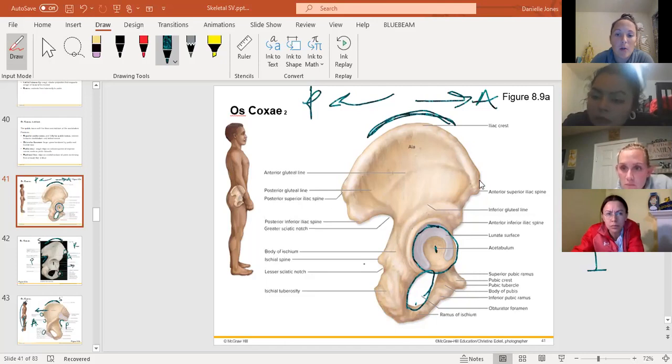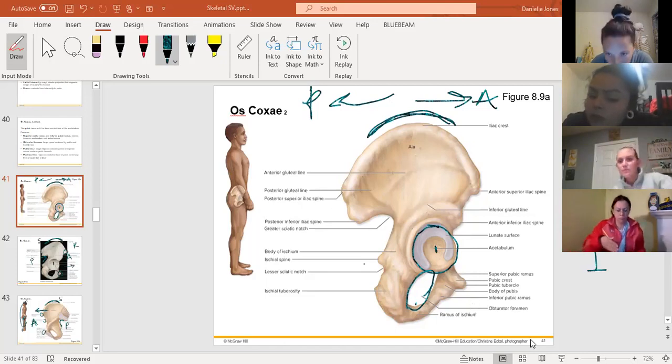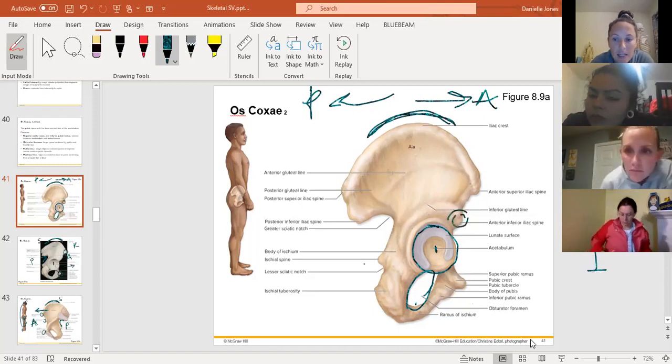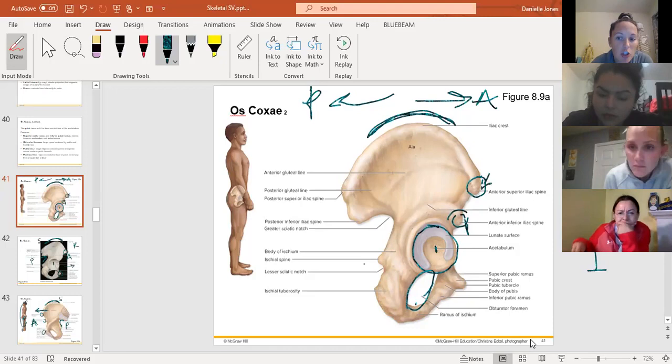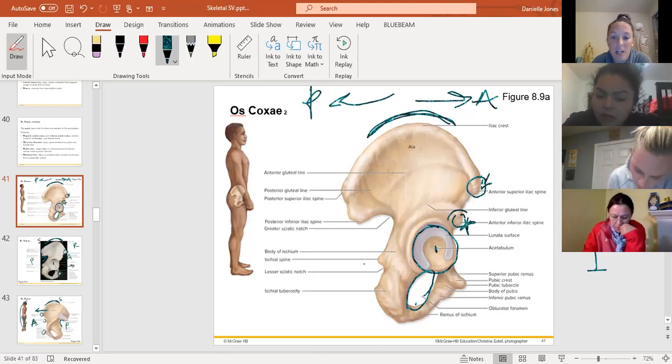So we're going to start on this side and wrap all the way around here. This first one is just above the acetabulum right here. It's on the anterior side. But if we refer to this view right here, this structure is on the anterior side as well. But this one is above this one. So therefore, this is the anterior superior. This is anterior inferior, just because of the location of where it's at.